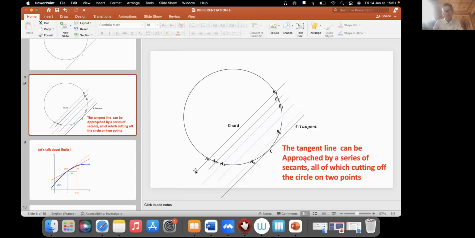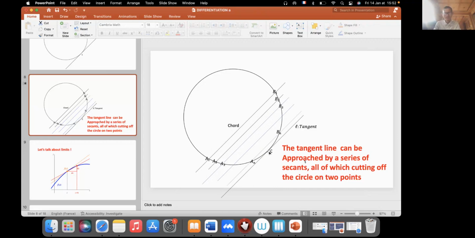The first thing is, as the secant line gets closer and closer to tangent, the chord is reduced to a point. And second, the length of these chords gets closer and closer to zero, right?